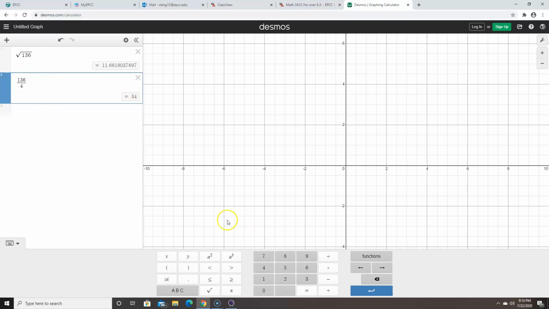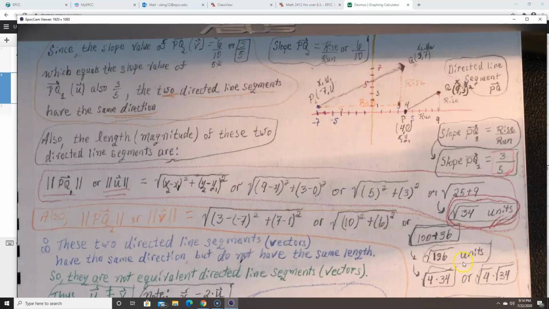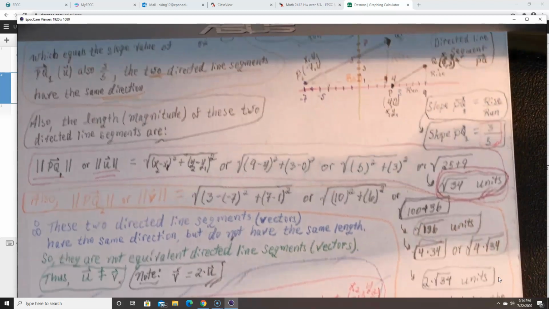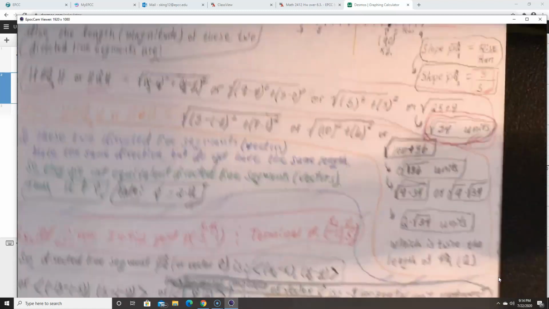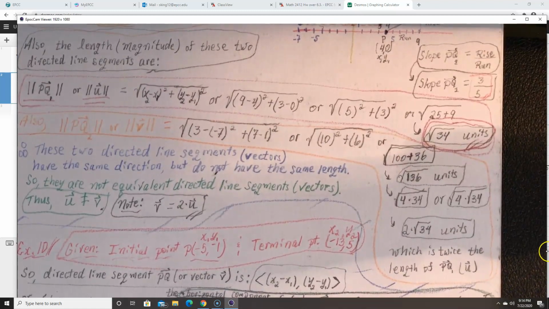So then, knowing that, change the square root of 136 to the square root of 4 times 34, knowing that you can take the square root of 4, which is 2. So you split it up now, the square root of 4 times the square root of 34. And the square root of 4 is 2.